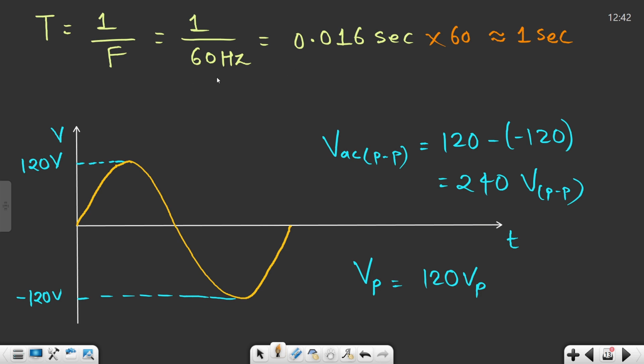Whenever someone says the electricity which comes into your home has a frequency of around 60 hertz, what does that mean? That means this entire cycle, from 0 to 120 volts, from 120 to minus 120, and from minus 120 back to 0 volts, gets completed within 0.016 seconds. This is how quick it is. You just blink your eye and maybe 10 to 20 such waveforms are completed.